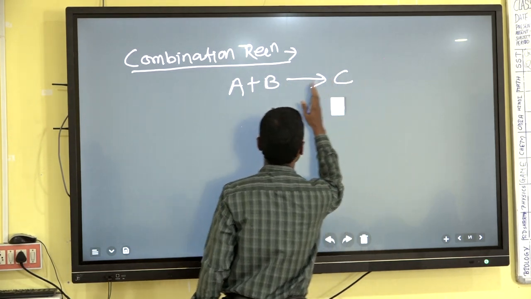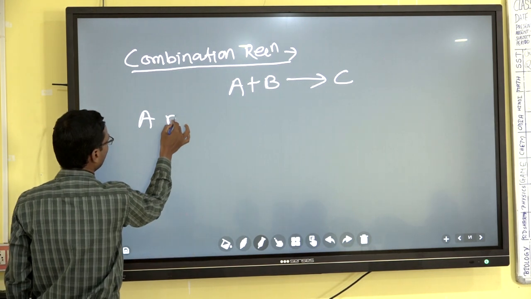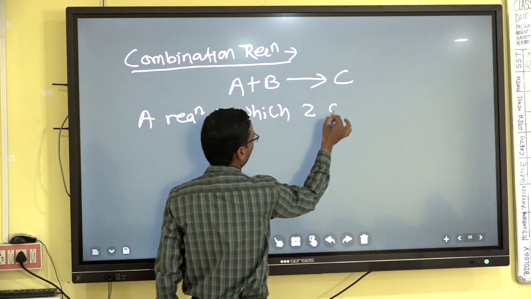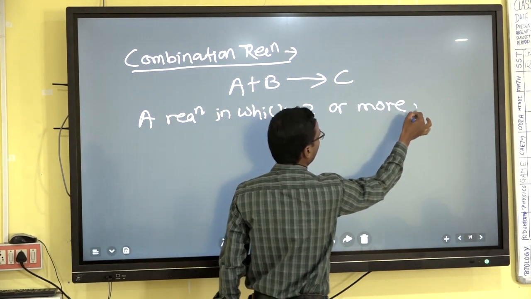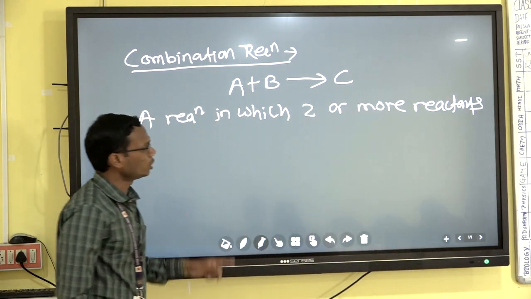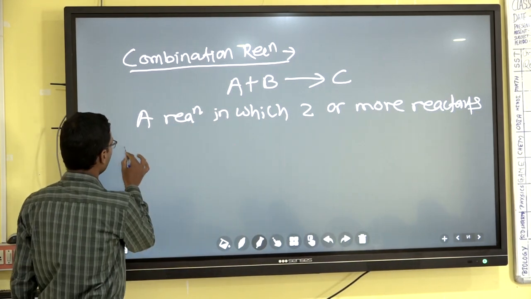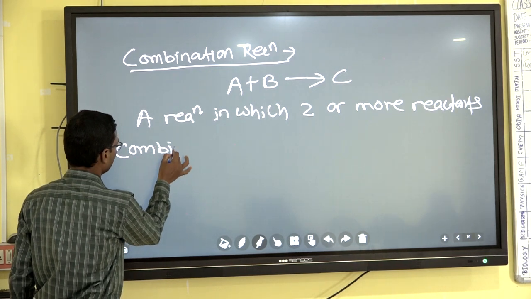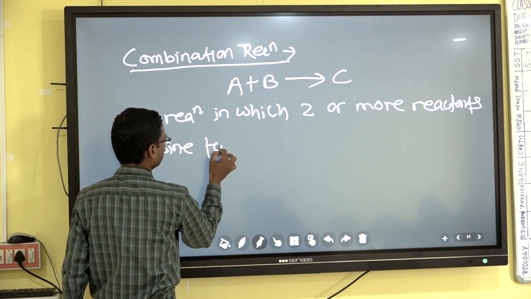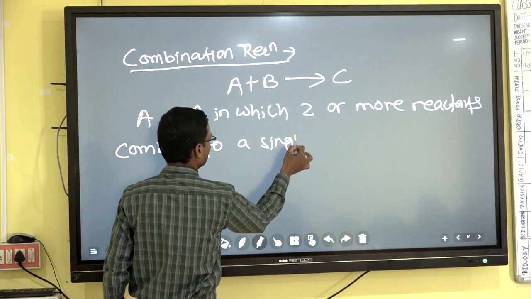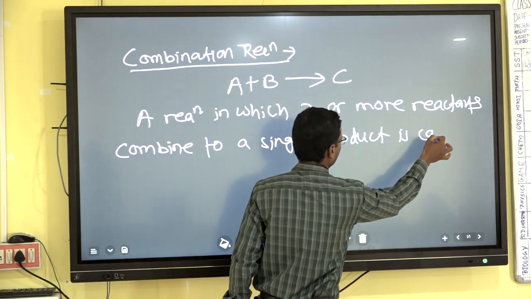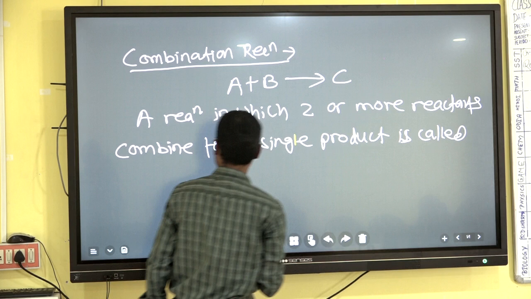What is the definition of combination reaction? A reaction in which 2 or more reactants combine to form a single product is called combination reaction.